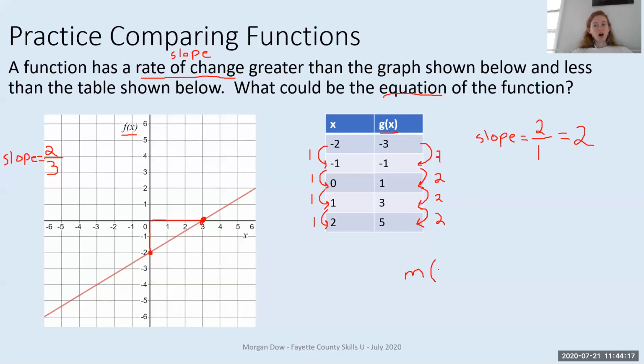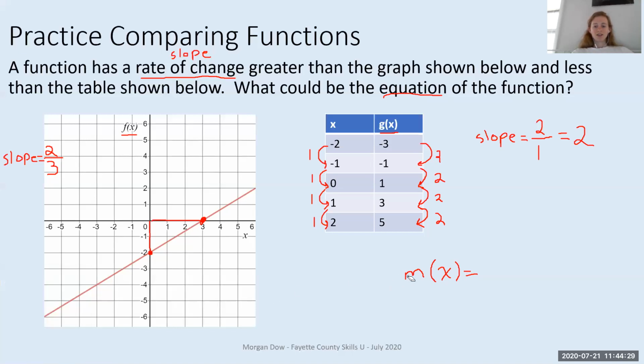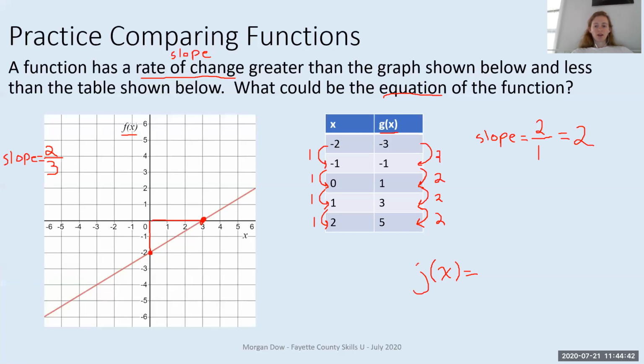So let's remember that linear functions, one way we can write them is actually, I changed my mind. I'm not going to use the letter m. Let's use the letter j. So we've got this function that we're going to create, j of x.